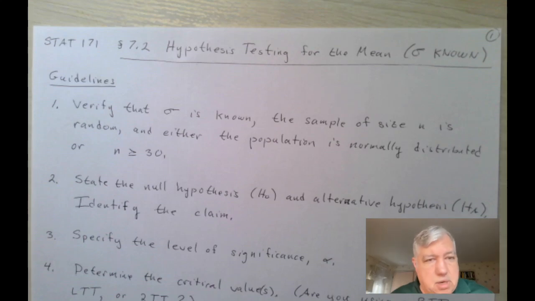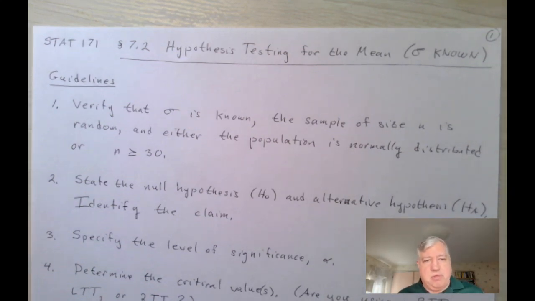But here are the guidelines, and you really want to go over those guidelines and, not only memorize them, but have them with you whenever you evaluate a claim. First of all, you want to verify that sigma is known and the sample of size n is random, and either the population is normally distributed or n is greater than or equal to 30.